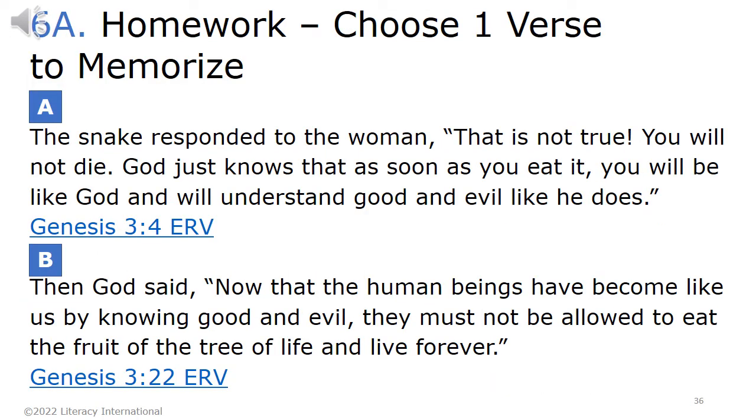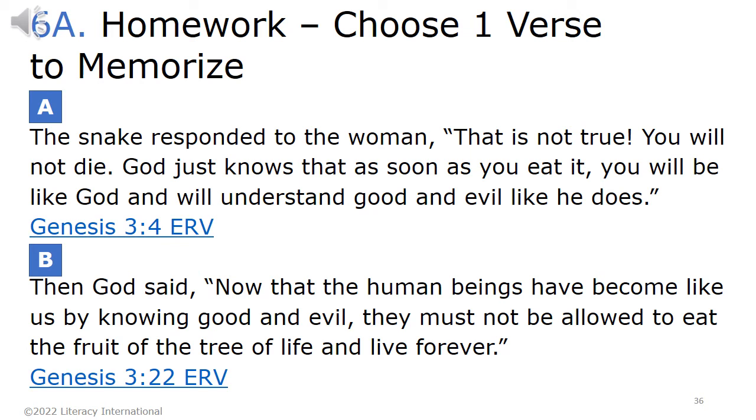6A. Homework. Choose one verse to memorize. A. The snake responded to the woman, that is not true. You will not die. God just knows that as soon as you eat it, you will be like God and will understand good and evil like He does.